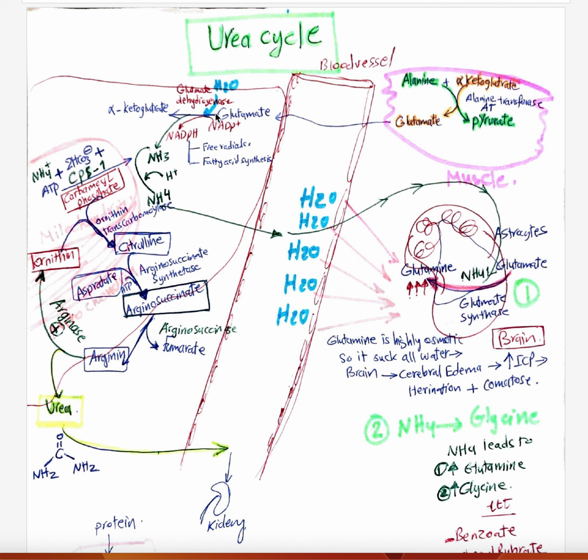The glutamate leads to the formation of alpha ketoglutarate by the glutamate dehydrogenase enzyme, which releases NH3, and then the NH3 with an added H becomes NH4, and then the urea cycle continues. Okay, so now we know what the source is. It comes from the muscles because of protein degradation. So it starts with glutamate, and then the glutamate turns to alpha ketoglutarate.